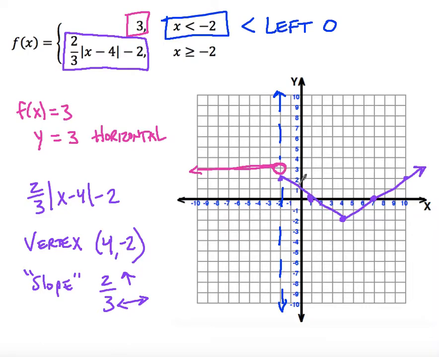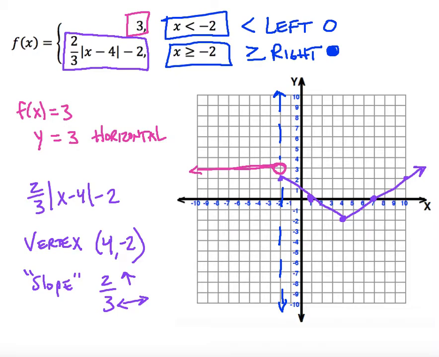Okay, we get the general look of our V. Now this would continue on, but because of my restriction, I have a greater than or equal to, which means I need to stay to the right of that blue line at -2. And since it has an or equal to part down there, that means I'm going to have a solid dot.